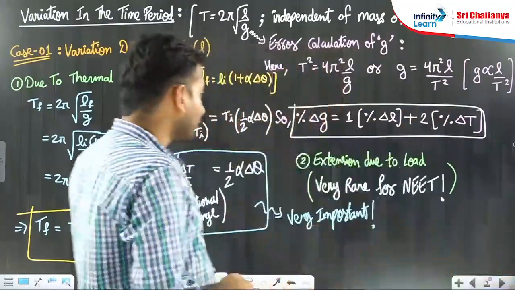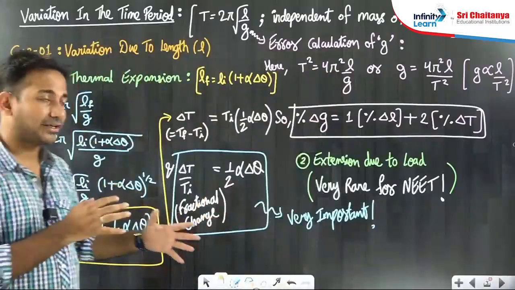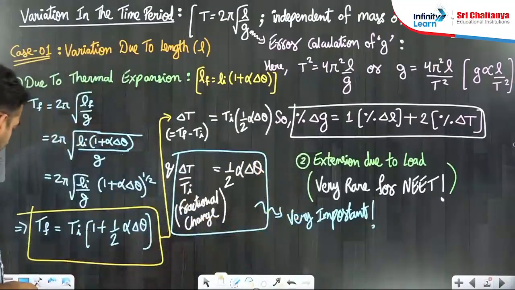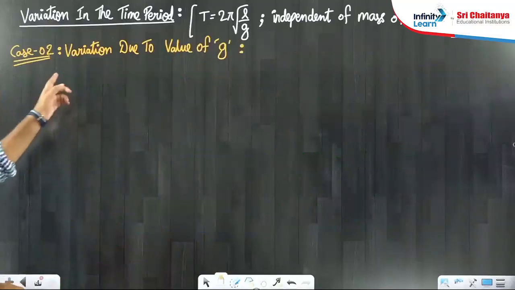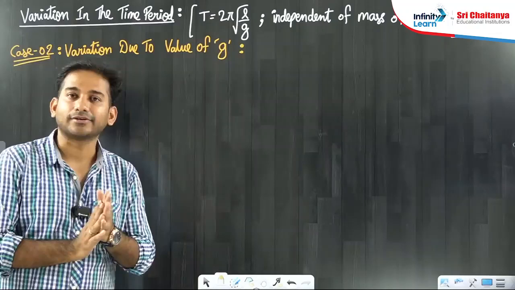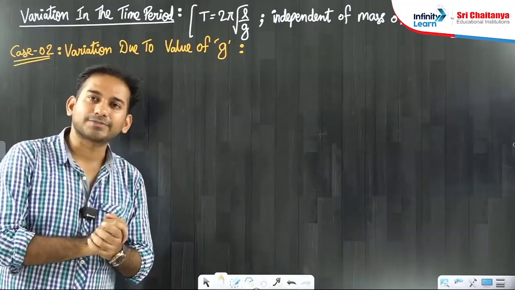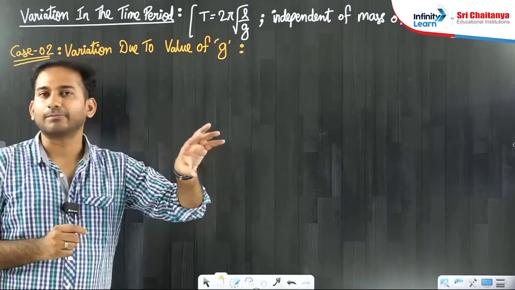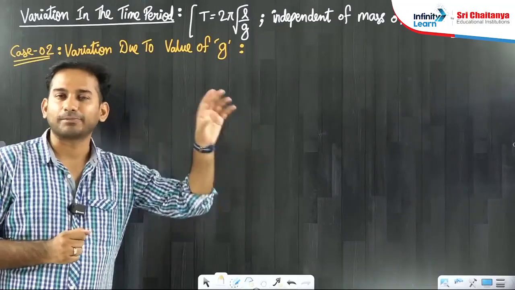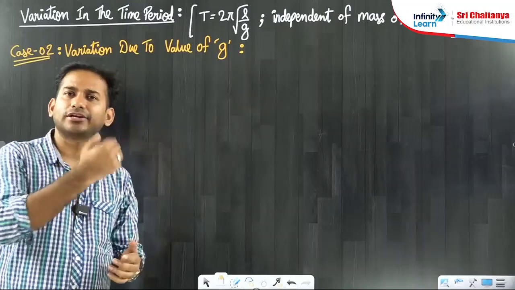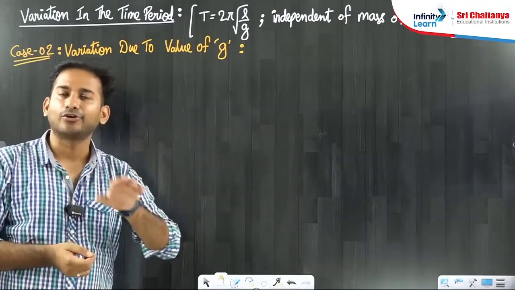I hope the story of simple pendulum is partially completed and understood by you, because the other case, that is variation due to the value of g, will involve a lot of cases. There will be many small cases talking about pseudo force, keeping the pendulum inside a swimming pool, keeping the pendulum in a cart, then accelerating the cart, say horizontally, vertically up, vertically down, on an incline.